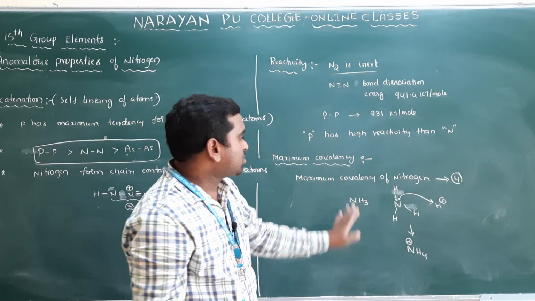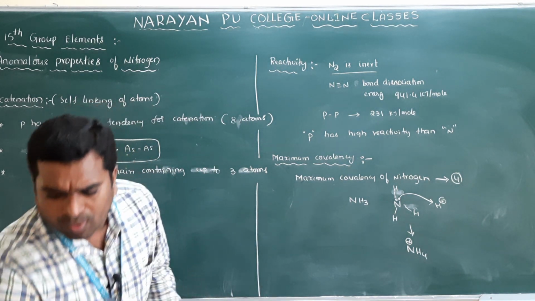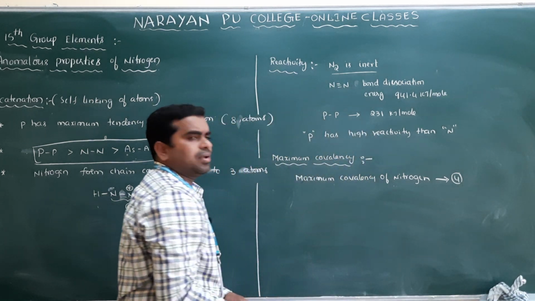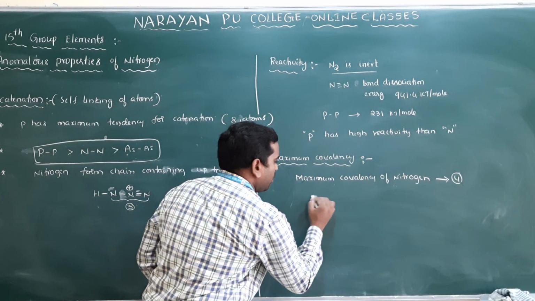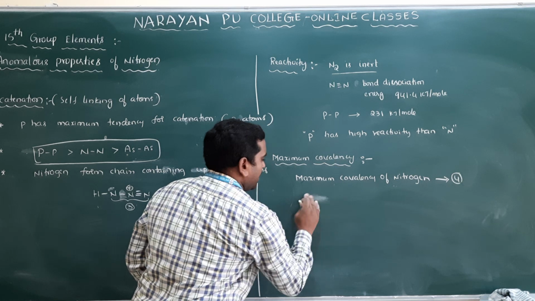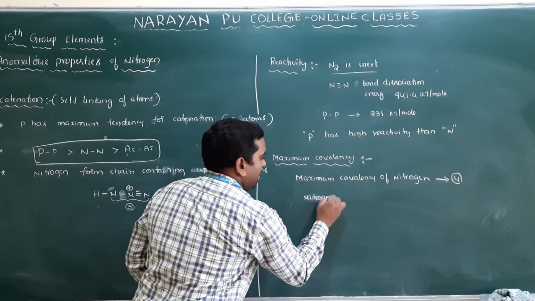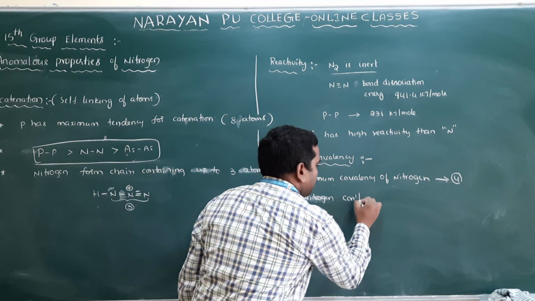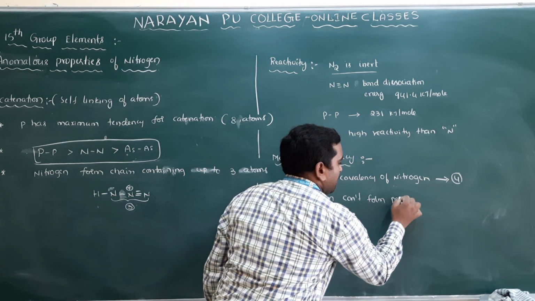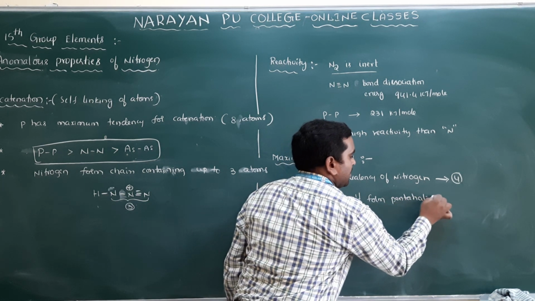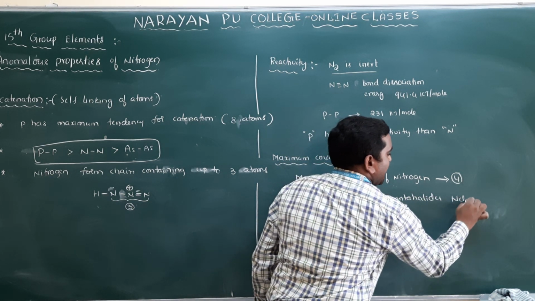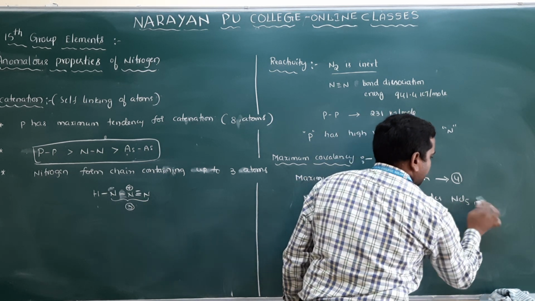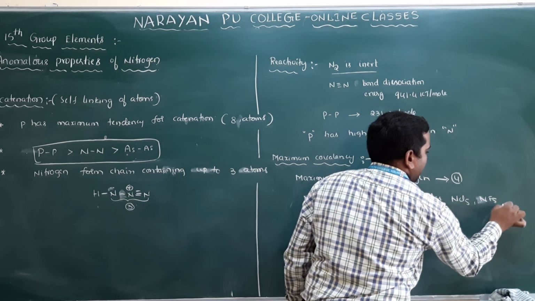Clear, my dears? So nitrogen cannot form pentahalides like NCl5 and NF5. Why?